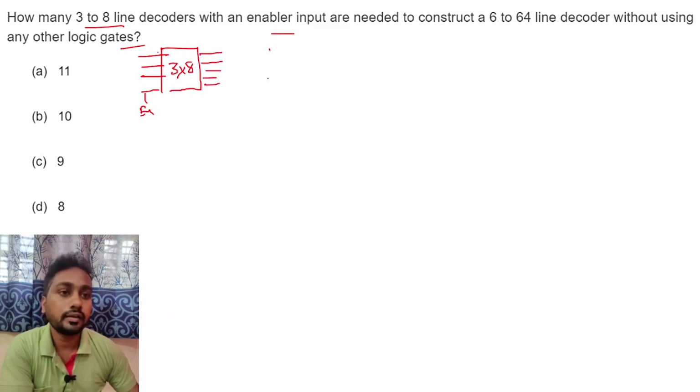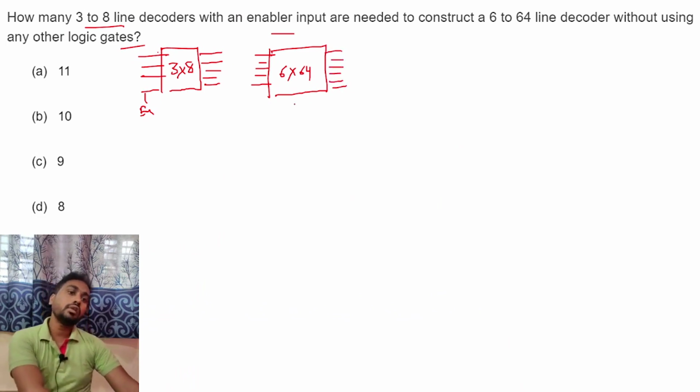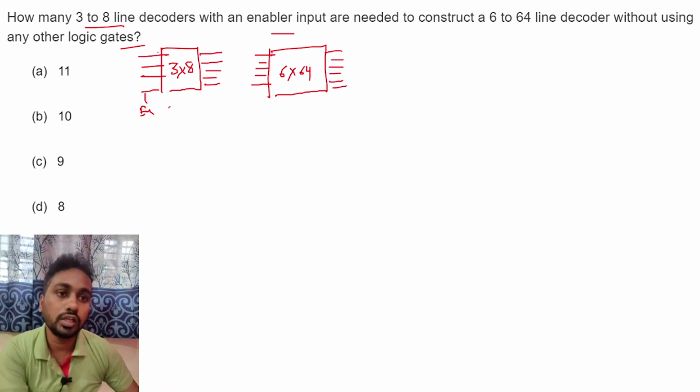We need to construct a 6 into 64 decoder using 3 into 8, which means the input should be 6 and the output should be 64.